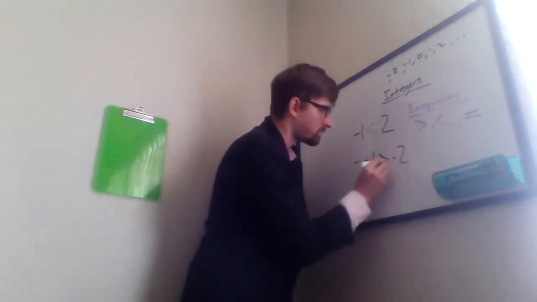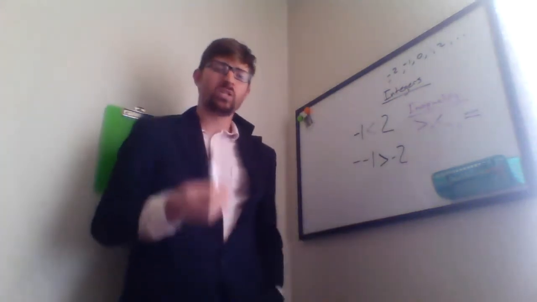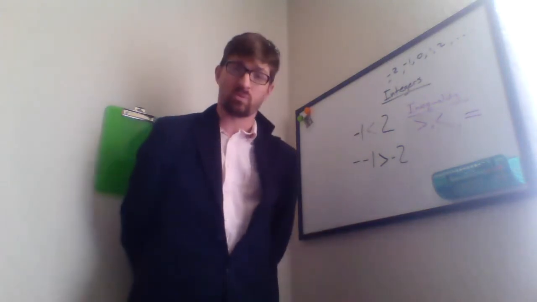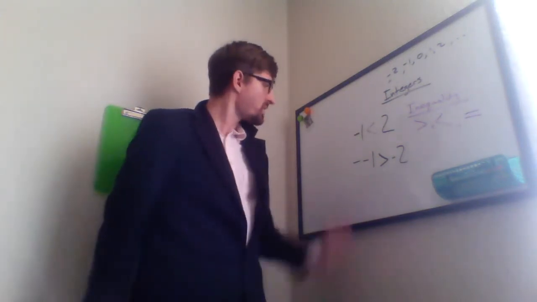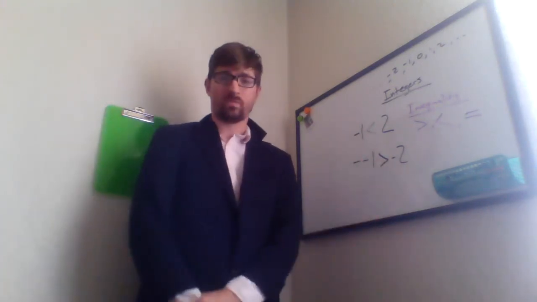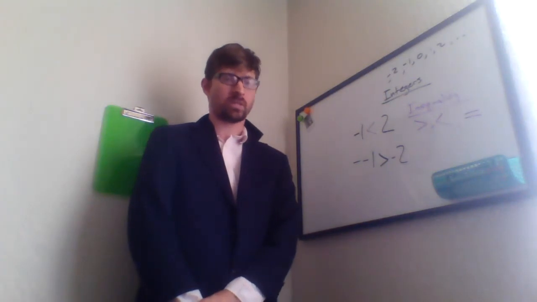So, my question to you is, how do you think that's going to be possible? How is it where we have a negative that is bigger than one negative? Okay? So I want you to think about that for just a little bit.